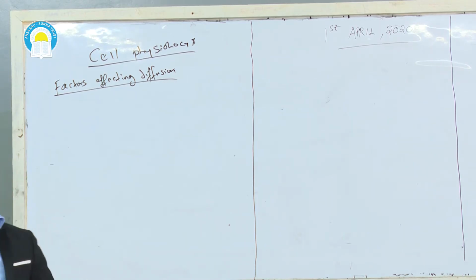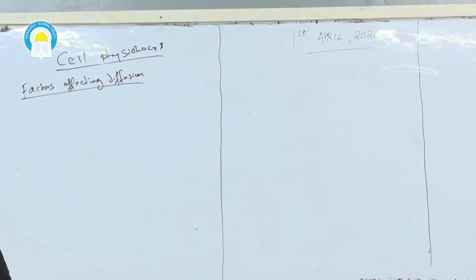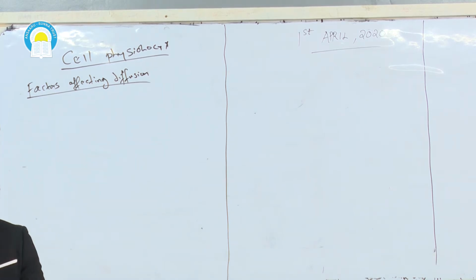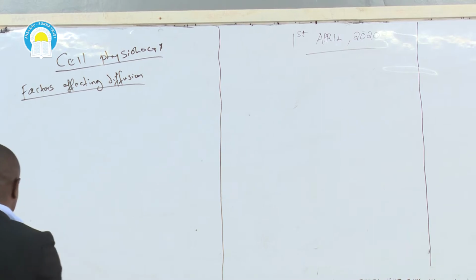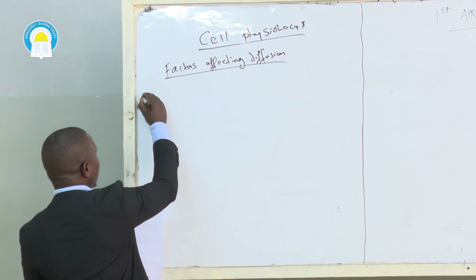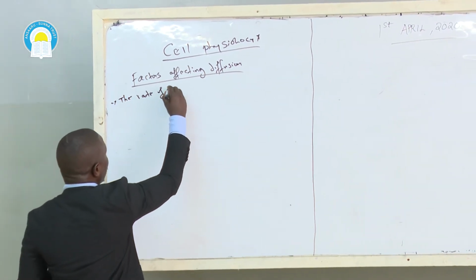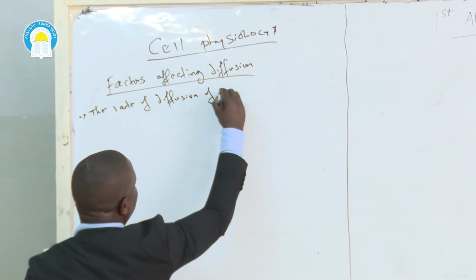We said the definition of diffusion was a process by which particles move from a highly concentrated region to a lowly concentrated region. Before going to the number one factor, we talk about the rate of diffusion of particles.